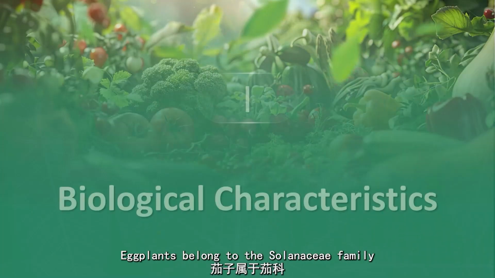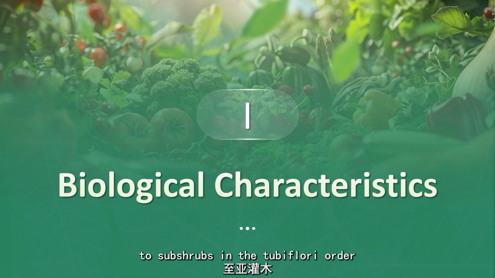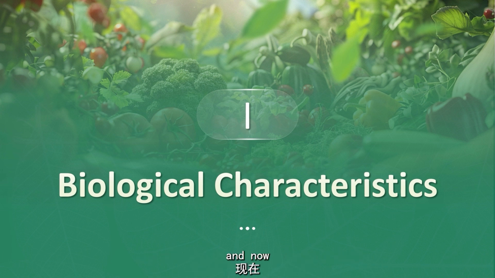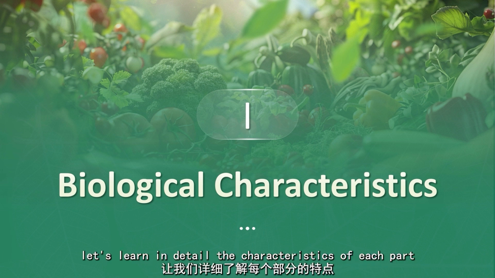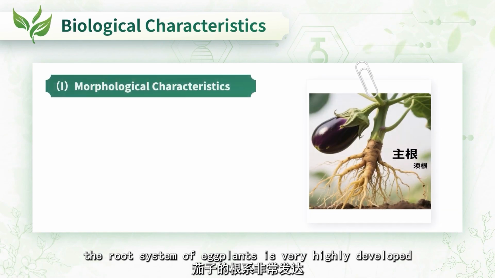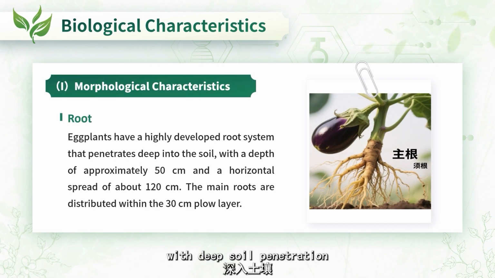Eggplants belong to the Solanaceae family, Solanum genus, and are erect branching herbs to subshrubs in the Tubiflorae order. Its plant morphology is quite unique, and now let's learn in detail the characteristics of each part. The root system of eggplants is very highly developed, with deep soil penetration.